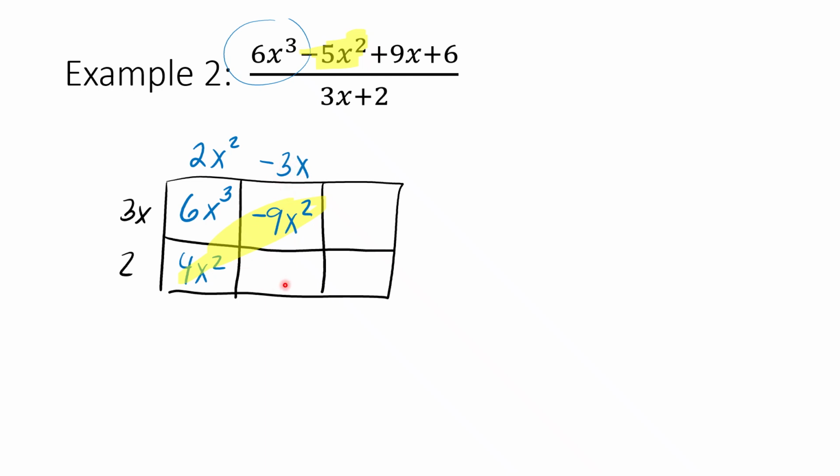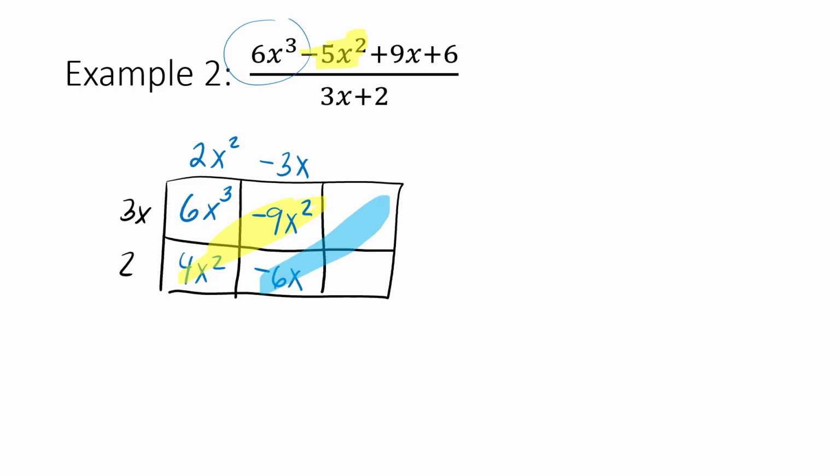And then we'll multiply here by the 2 to get this bottom center one. So negative 3x times 2 is negative 6x. And we've got this going on here. So negative 6x plus this one. All right. Again, leveraging those diagonals right there.